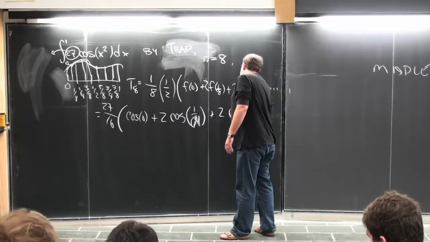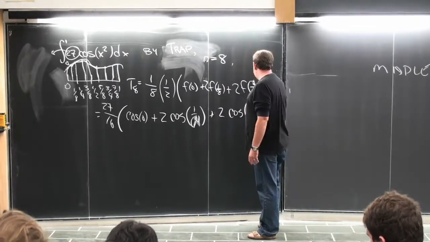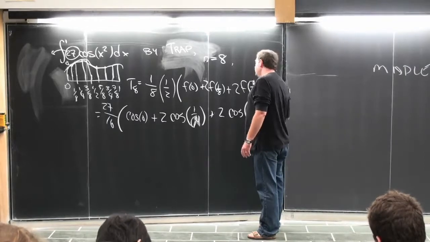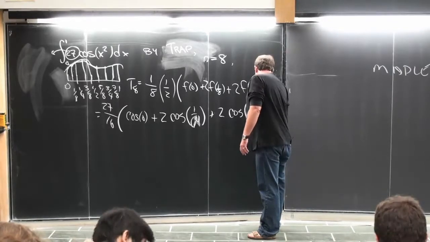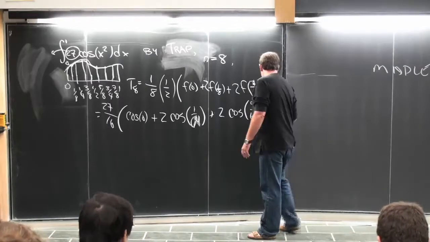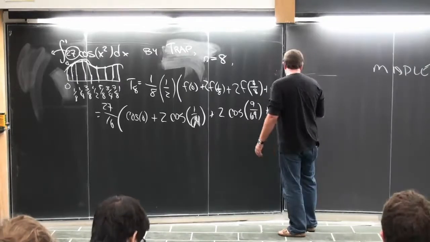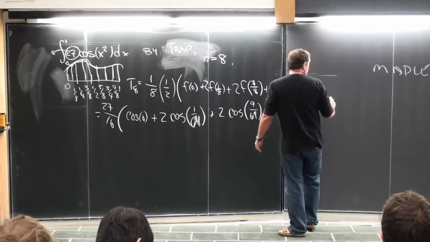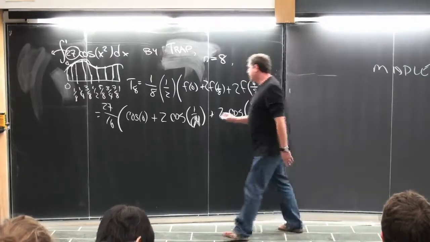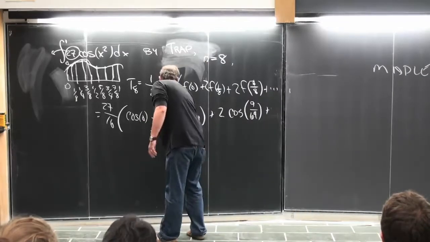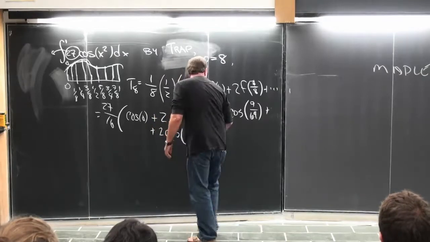Plus 2 times the cosine of 3/8, well, 3 squared is 9, and 8 squared is 64. You can go all the way over to there, so I might as well keep going. Yeah, let me just keep going here. So let me not write them all down.